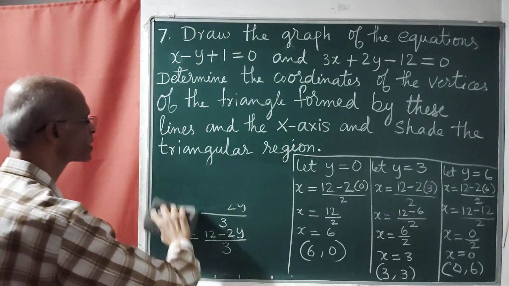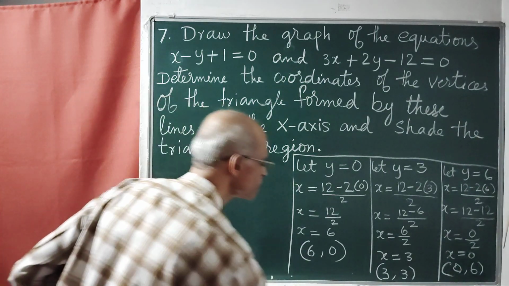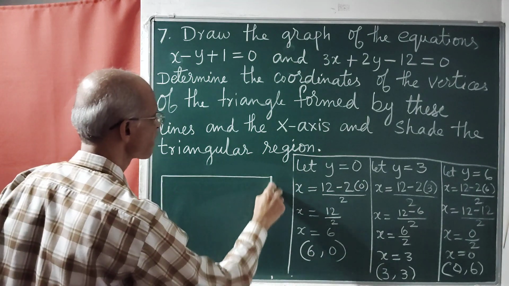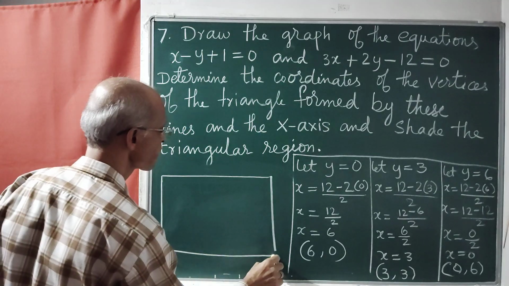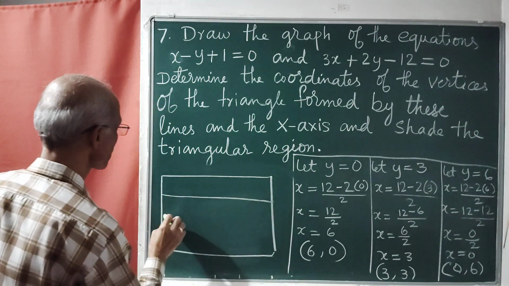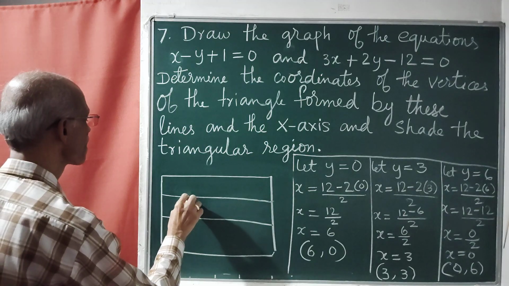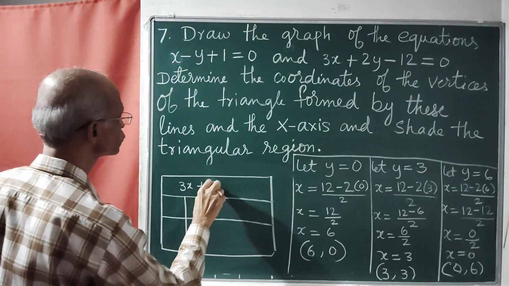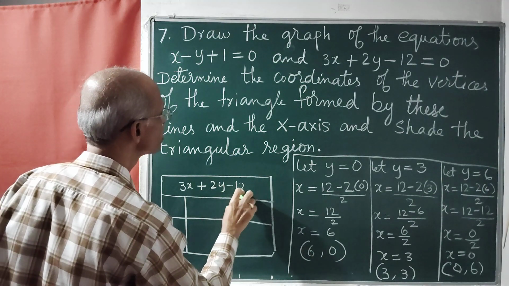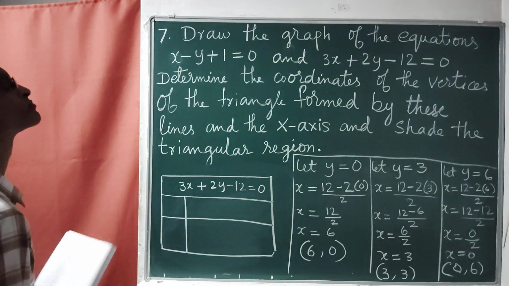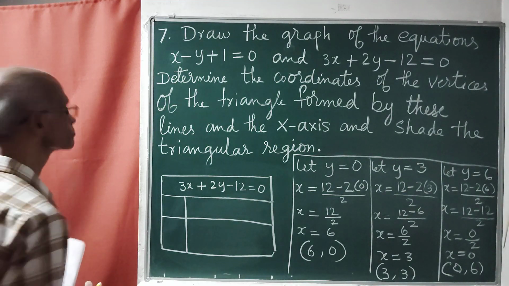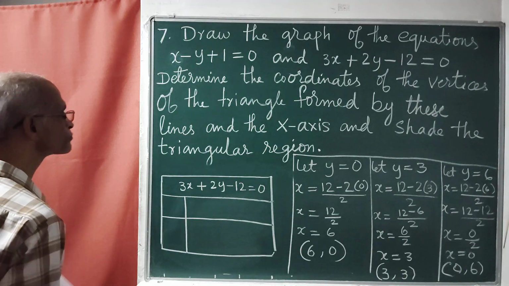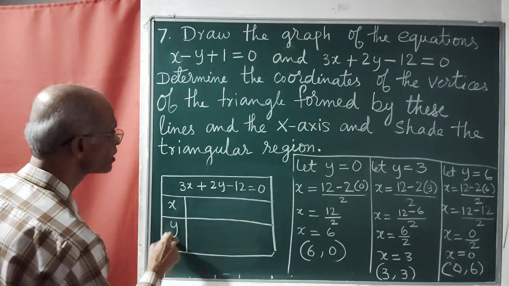Now we will put them in a box. 3x plus 2y minus 12 equal to 0. X value and y value.